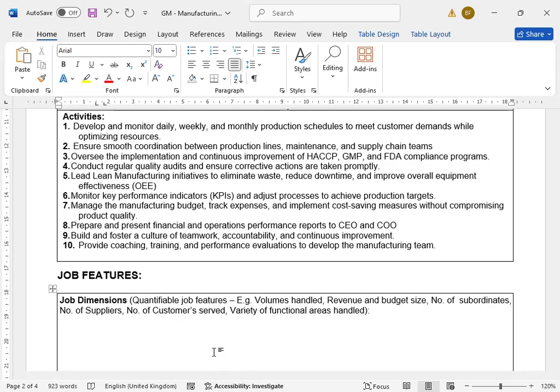This is about accountability. In addition to the technical know-how and the management breadth, accountability is also important. So this is also considered when the job evaluation committee or panel is doing job evaluation, so they will know the grade or the size of the job. This is about job sizing. So in job sizing, job dimensions is very important.